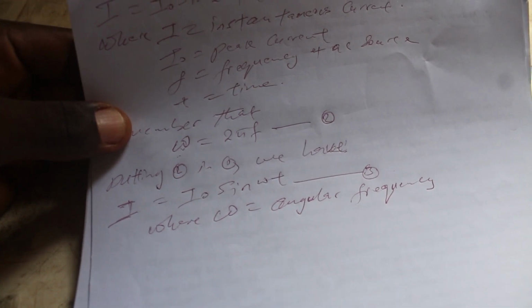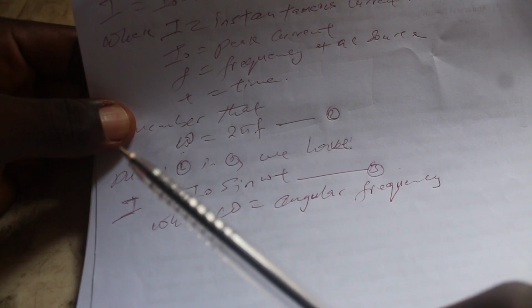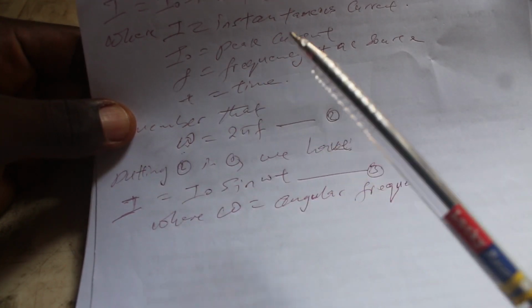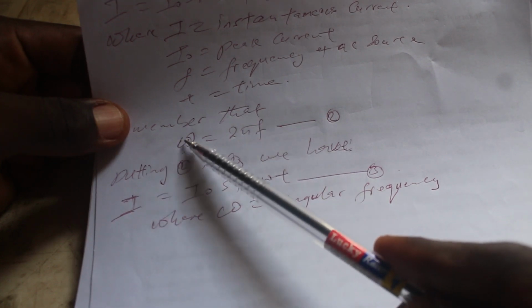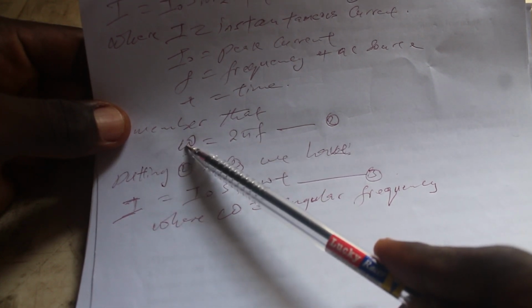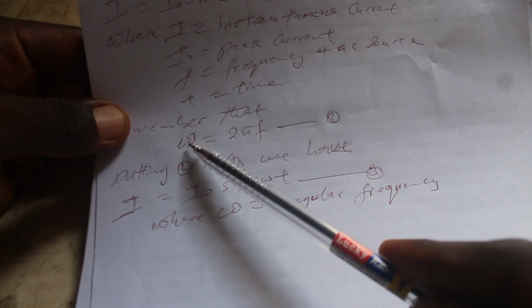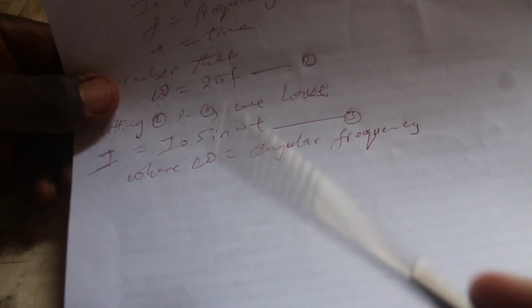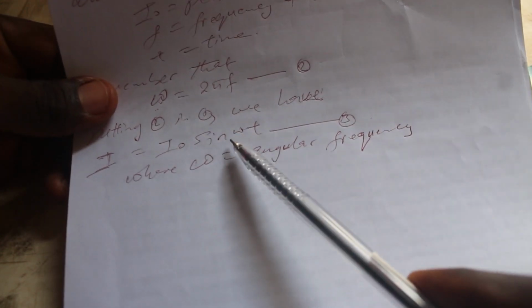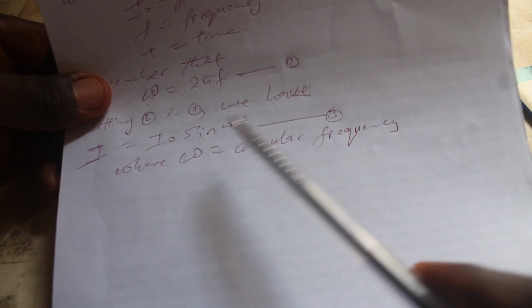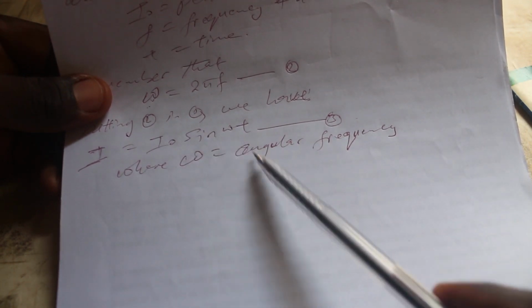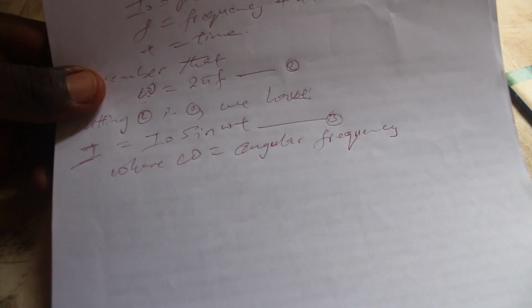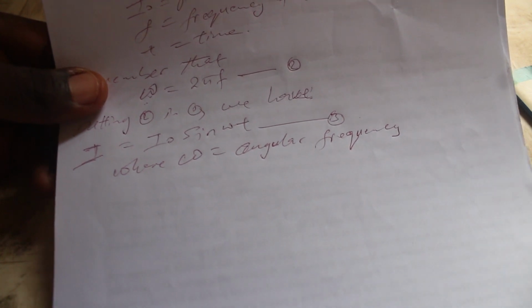But when we use it to describe an alternating current, omega is no longer velocity but angular frequency.